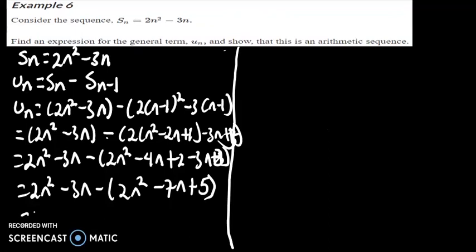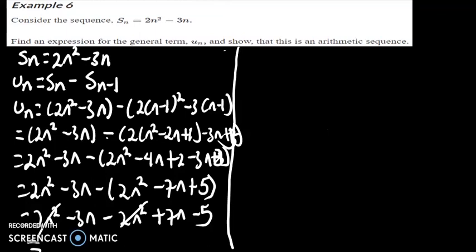So 2n squared cancels 2n squared, and minus 3n plus 7n, that's 4n, minus 5. So we found un is equal to 4n minus 5.